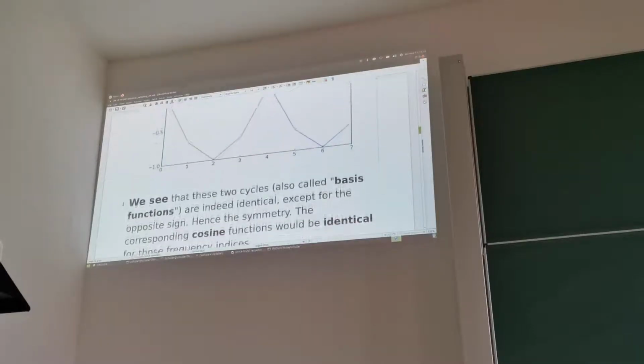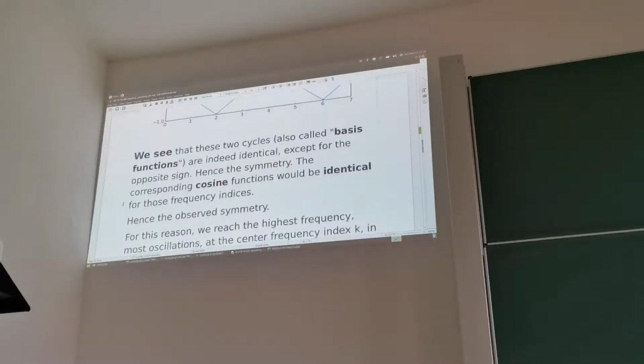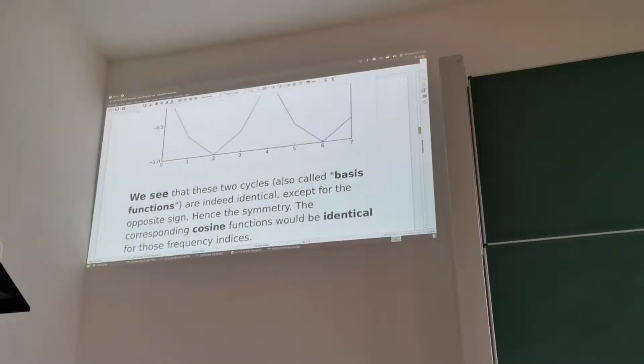So that's why we observed it here. And we could do the same with the corresponding cosine functions, and they would be identical for those frequency indices. So the real part doesn't change, but the imaginary part changes sign.